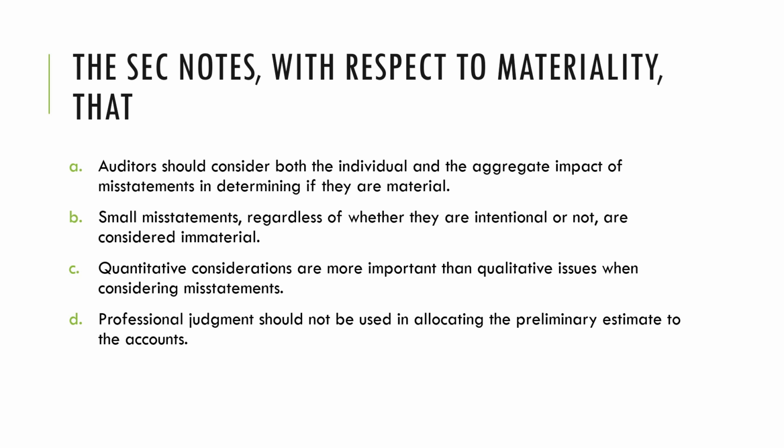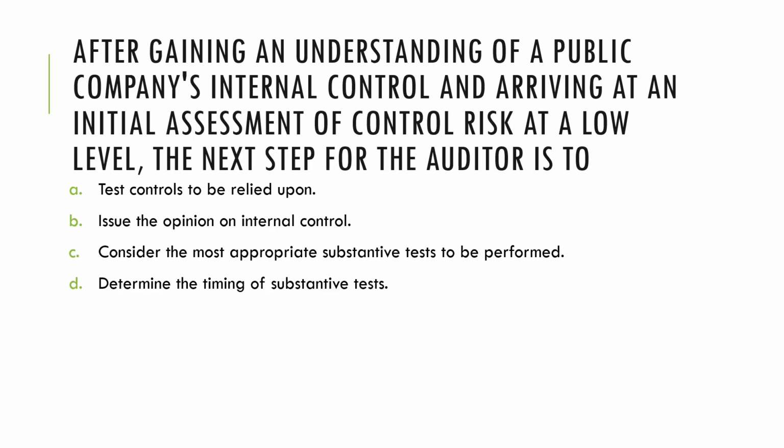So we are left with alpha and bravo. And the correct answer, of course, is alpha. Auditors should consider both individual and aggregate impacts of the misstatement. It is not bravo because, as pointed out by letter C, we do not only focus on the quantitative, we also look at the qualitative aspects of the misstatement.